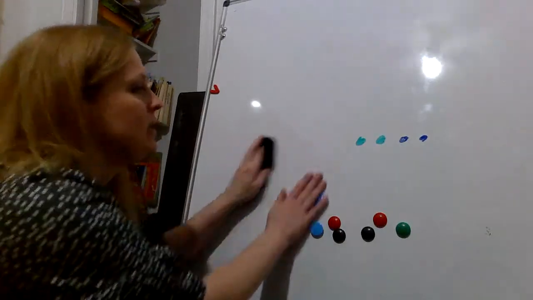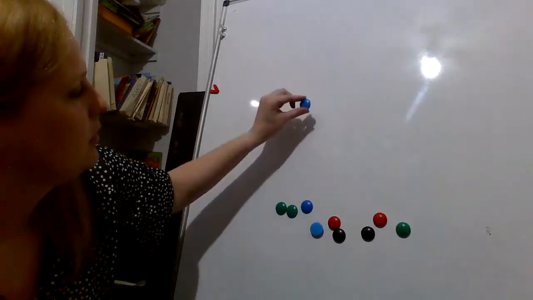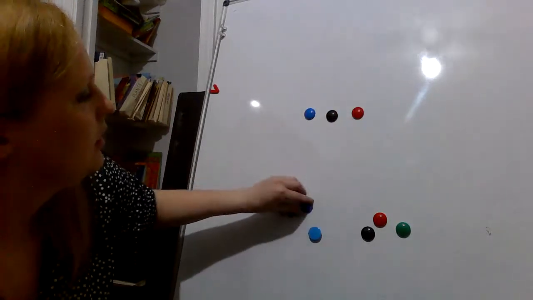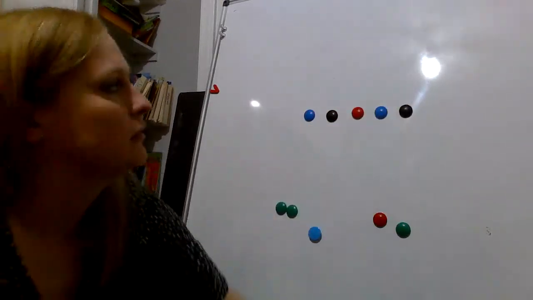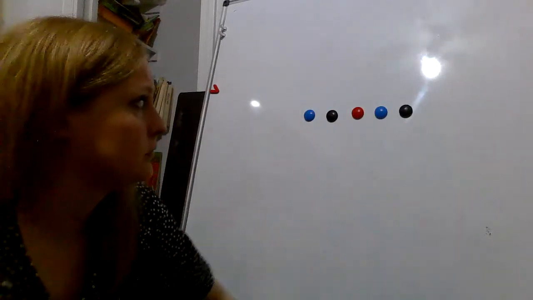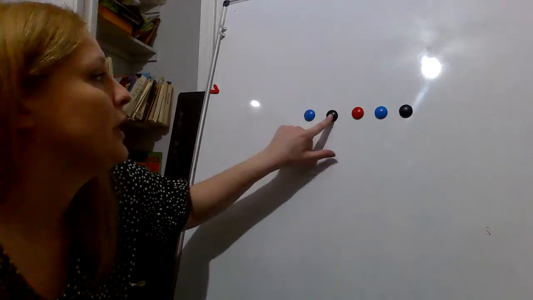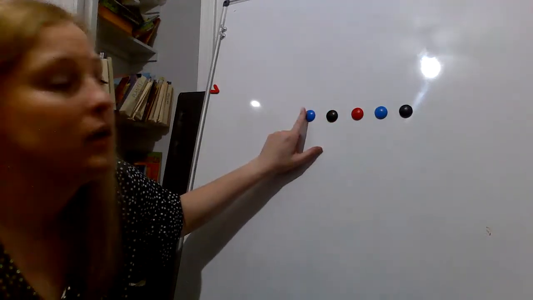So if I gave you blue, black, red, blue, black, what would come next? Okay, so first you have to find out what you're repeating, right? So blue, black, red. The whole thing isn't repeated again, but what about blue, black?